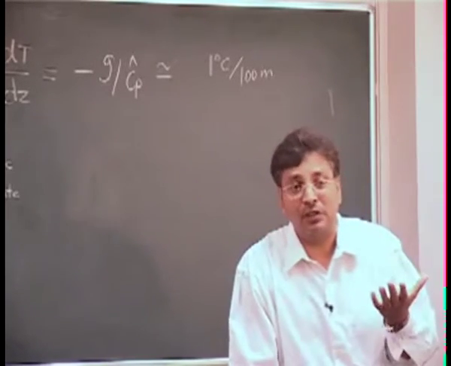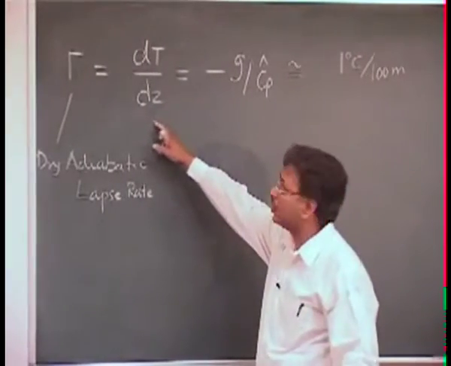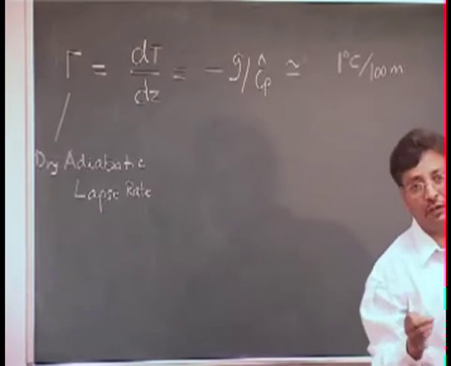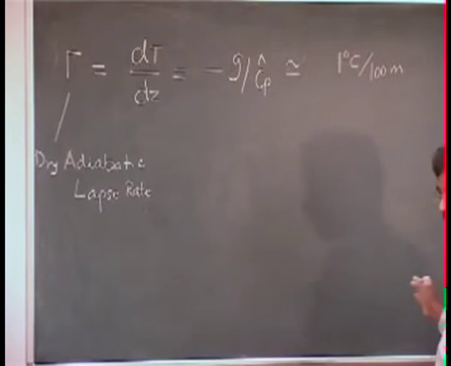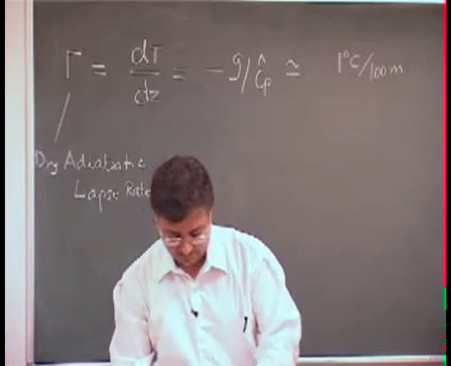So molecular weight also will change, but the derivation so far holds good whether you are on Earth or on Mars or Venus. The things will change, and this is a very, very important thing that we will be using next time.